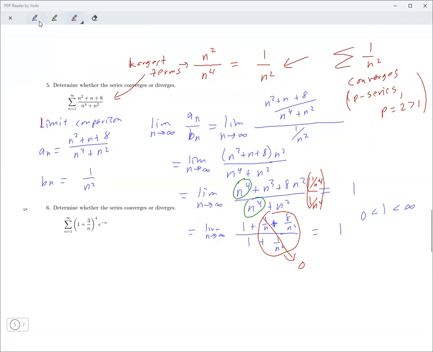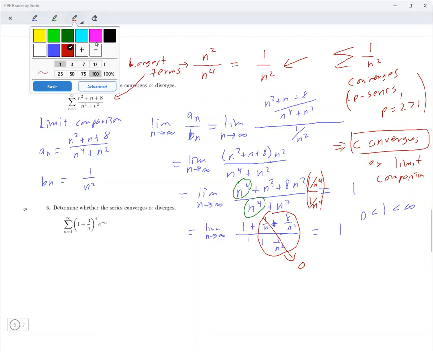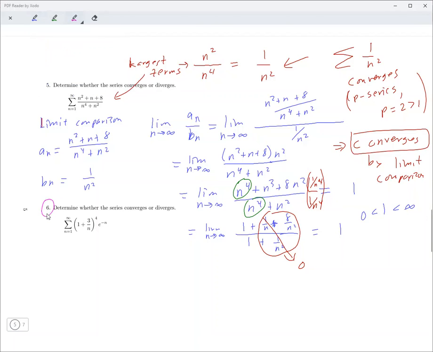Therefore, this series here converges by limit comparison. Great. Okay, let's move on to the next exercise, number 6, unless there are any questions.